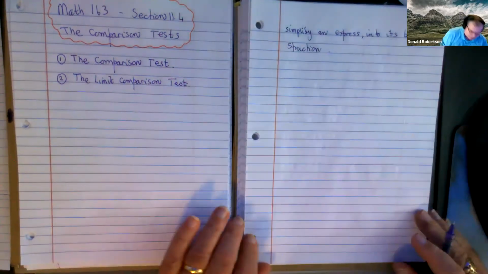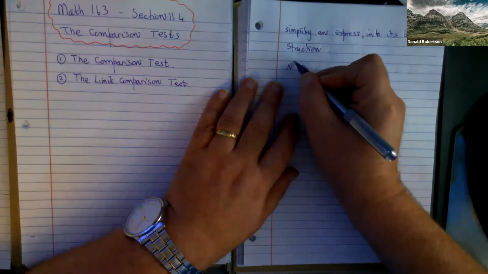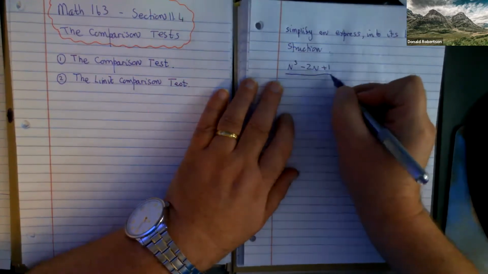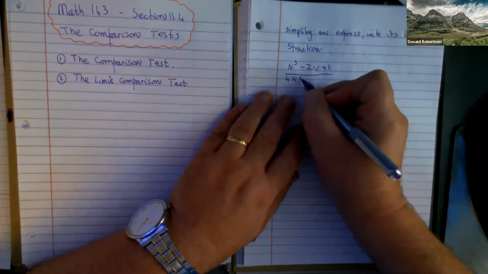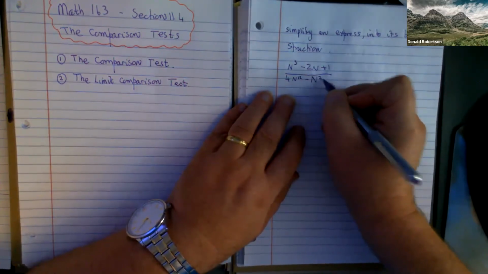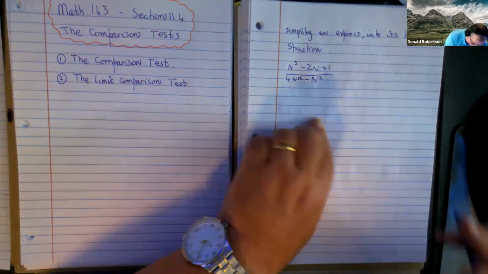We're just going to do more complicated versions. So if I had n cubed take away 2n plus 1, over 4n to the 12 minus n squared, right? And I wanted to simplify this into its basic structure.